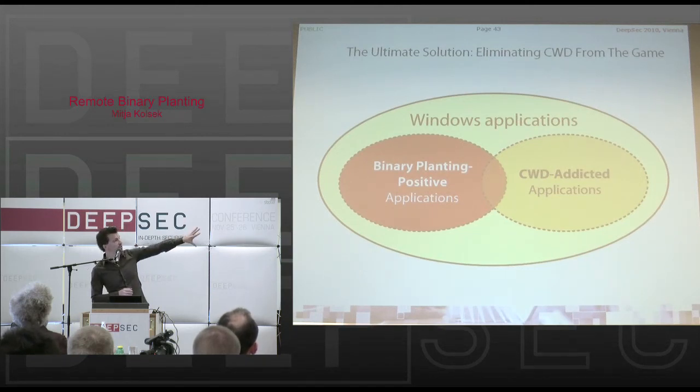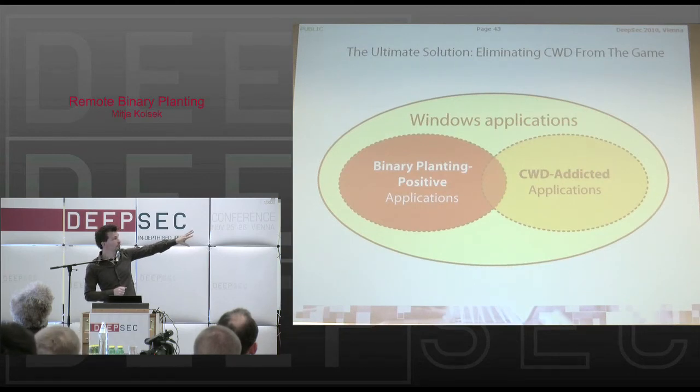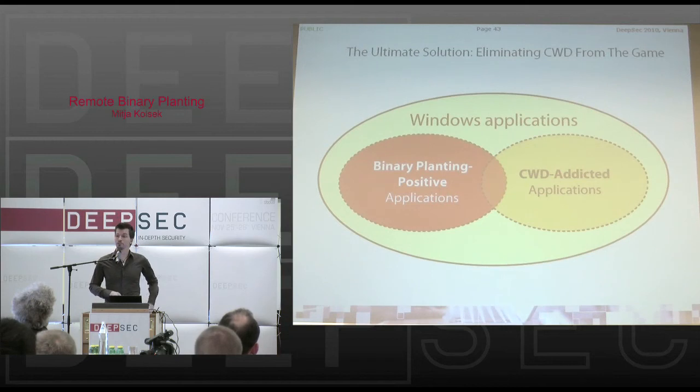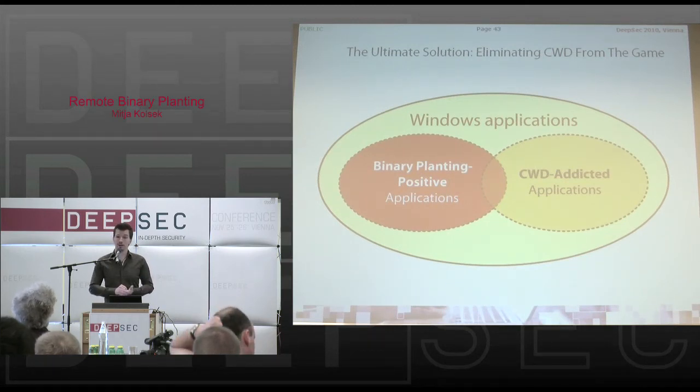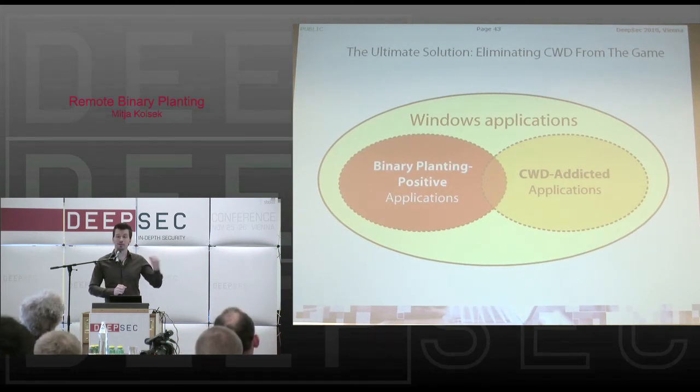And then we have another subset, which we call CWD addicted applications, which are those that actually break if you install the Microsoft hotfix and set it to max. Those are the applications that are the reason why Microsoft cannot today make a simple update to the way that these library loading functions behave and just eliminate the current working directory. Those are the applications that break.